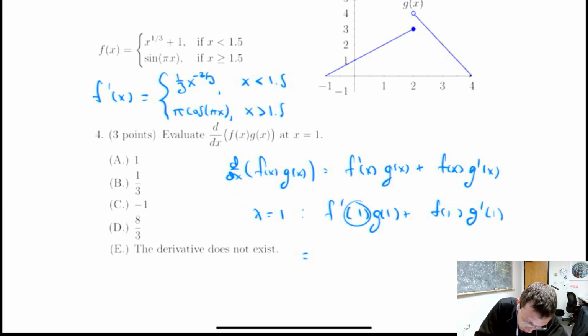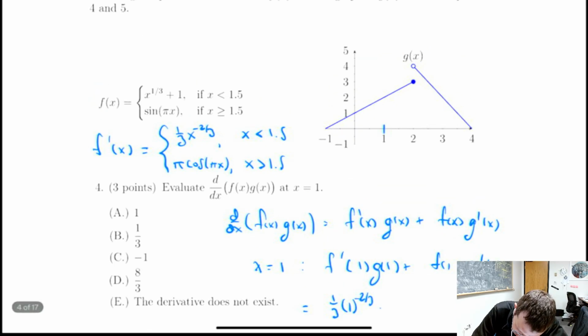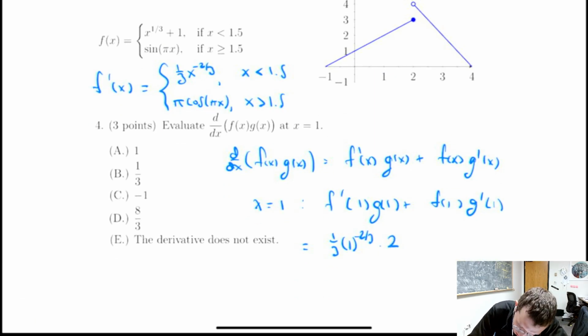So f prime of 1 is less than 1.5, so I will plug that in here. That's 1/3 times 1 to the minus 2/3. And then g of 1, I'm just going to look at the x value of 1 and read off the y value. That is 2.